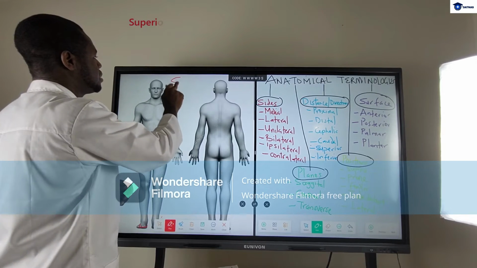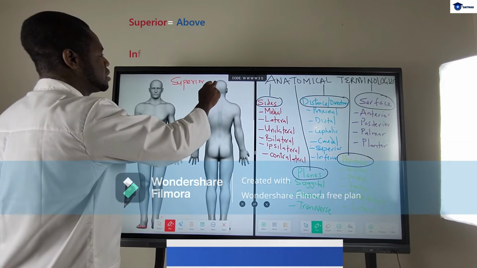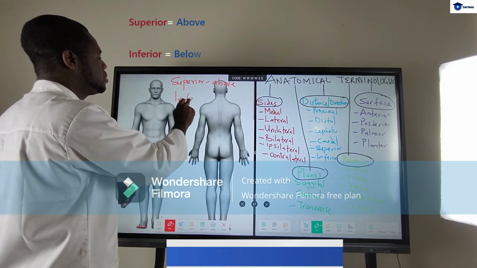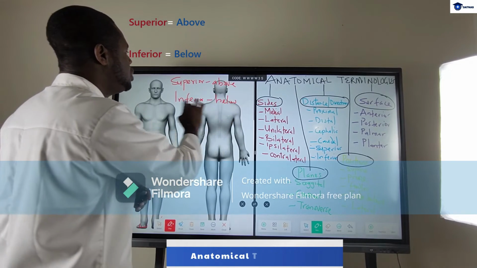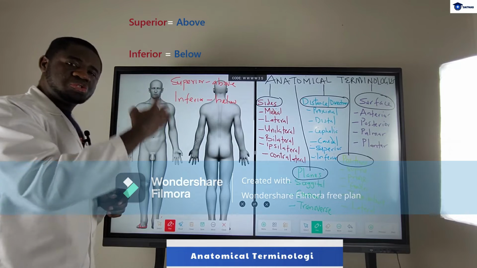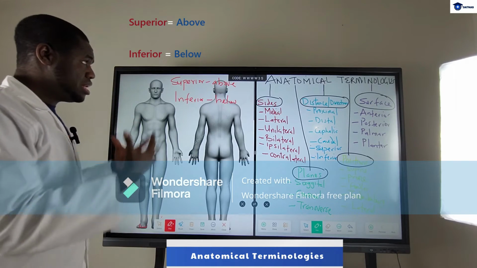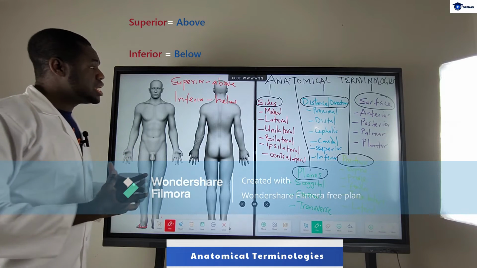Superior means above, inferior means below. We use these terms constantly in our daily activities. Everyone knows what superior means.